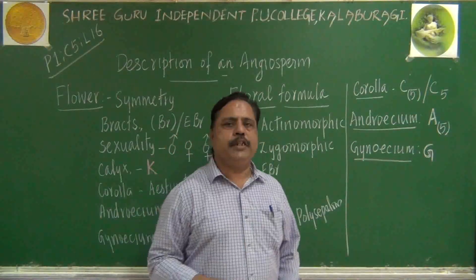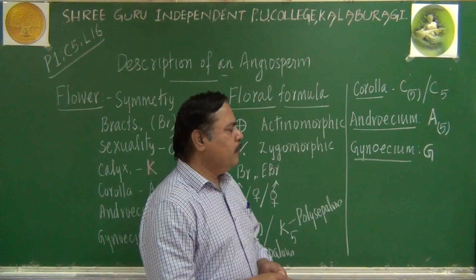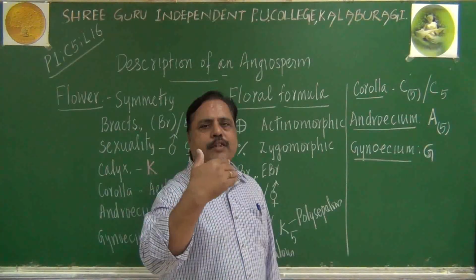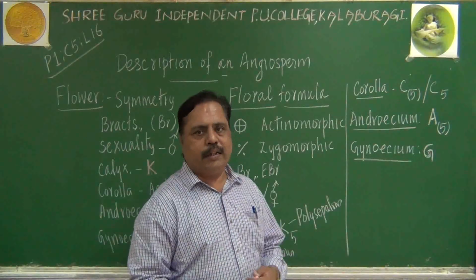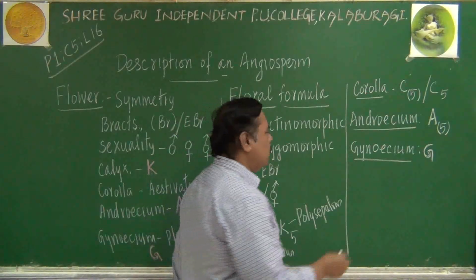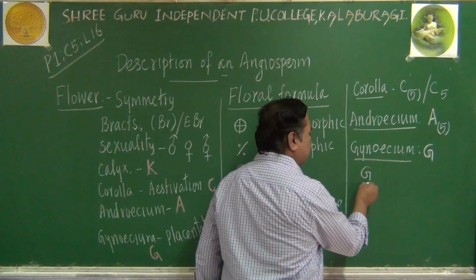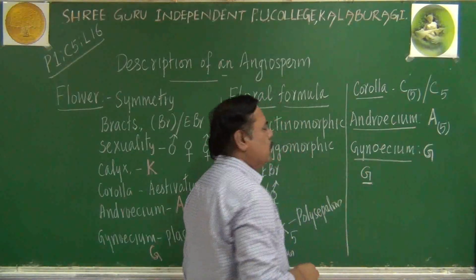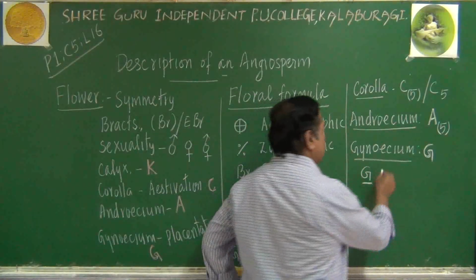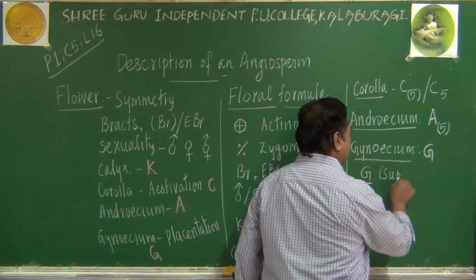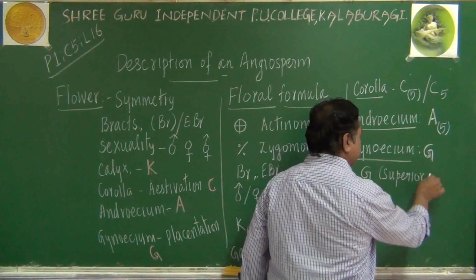When we write gynoecium, we can represent whether it is superior or inferior. Please listen. If I put a G here and one line I am putting below it, it means it has got a superior ovary. The ovary is superior.